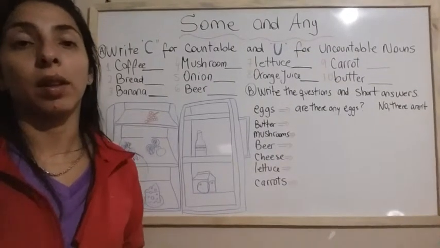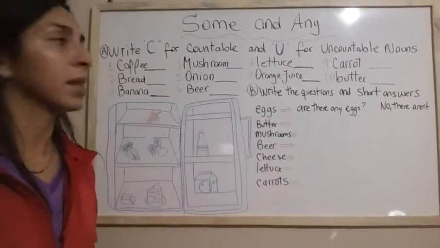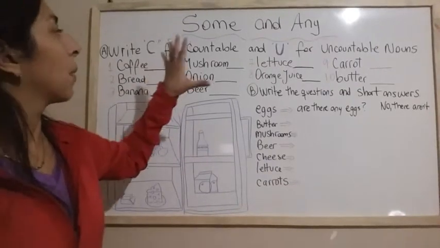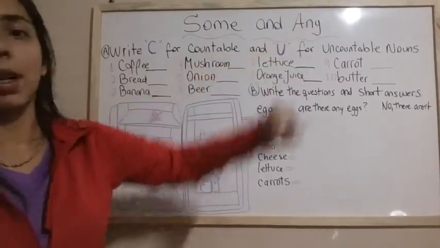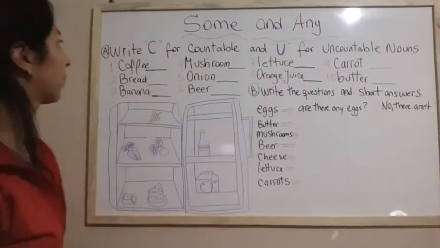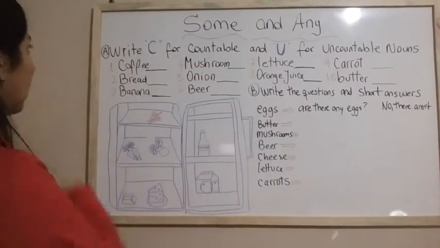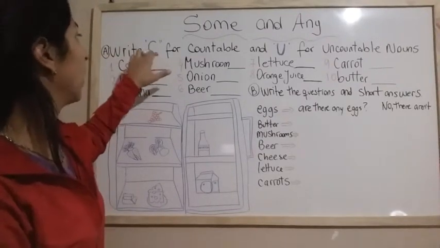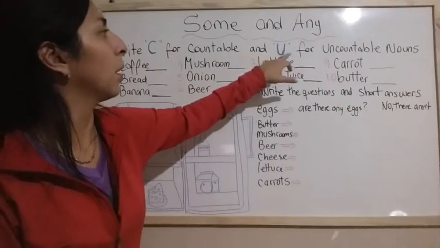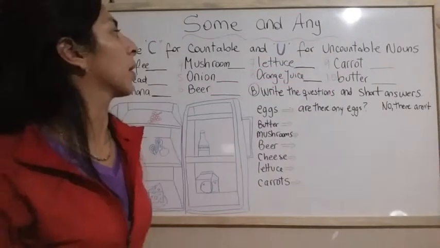And at the end of the class, we have some exercises related with some and any, and countable and uncountable nouns, okay? The first exercise is write with C for countable and with U for uncountable noun.